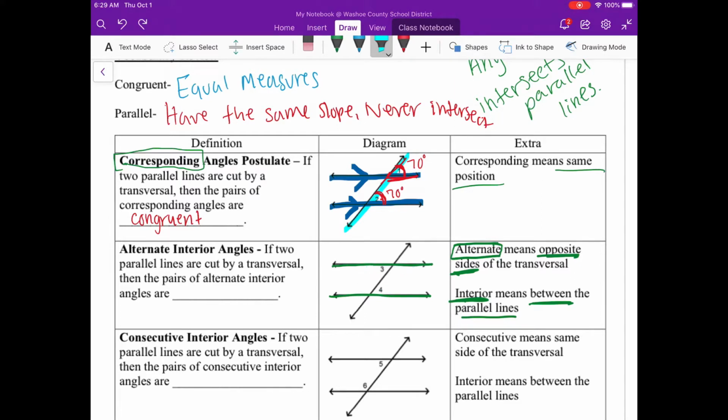So alternate interior angles in this case are going to also be congruent. So again, when you're thinking the word alternate, think, okay, they have to be on opposite sides. And when you see the word interior, you're thinking between, inside between these. So again, if this was 65 degrees, this would also be 65 degrees. They are alternate interior.